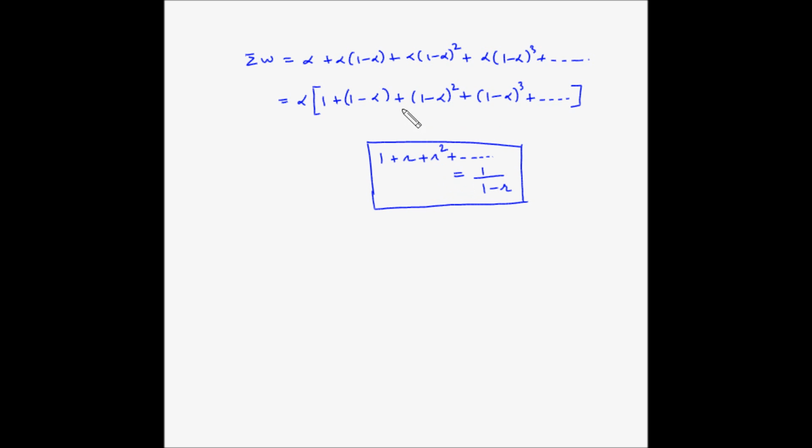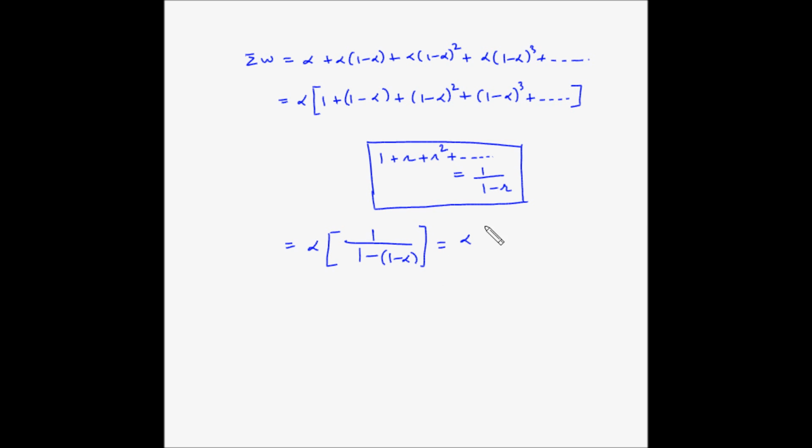So if we apply this here, where r is equal to 1 minus alpha, this will be equal to alpha into bracket 1 divided by 1 minus (1 minus alpha).